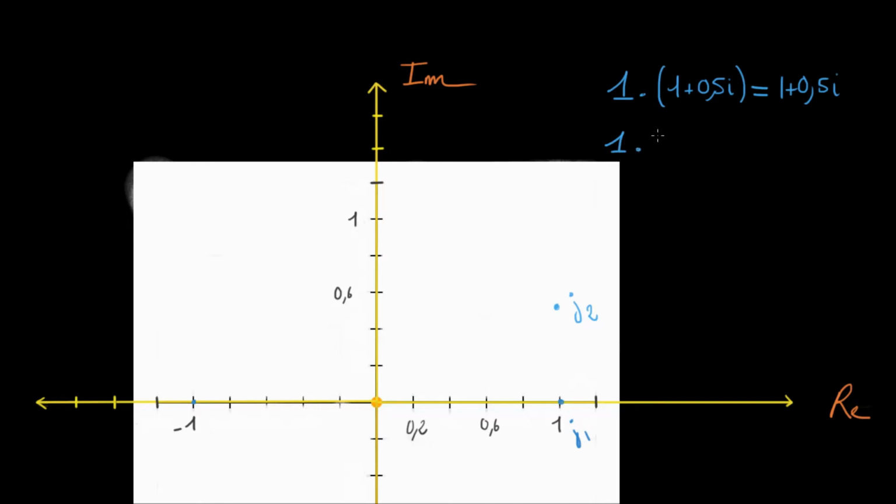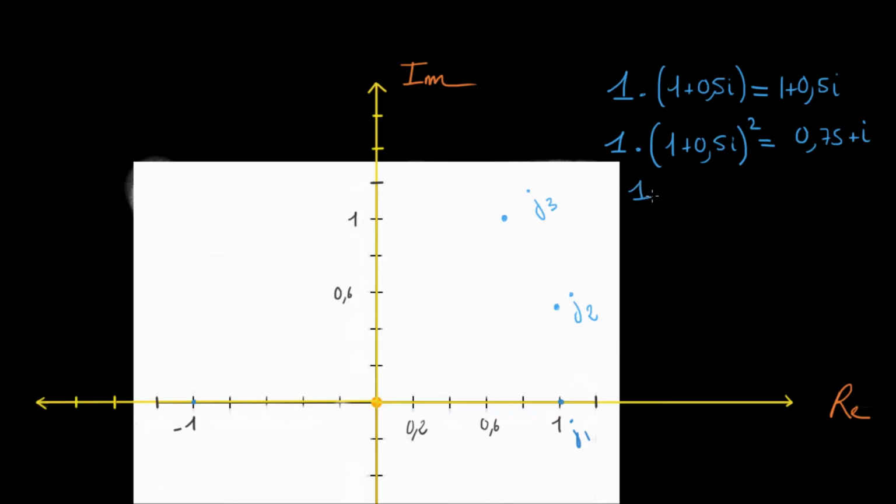So 1 times (1 plus 0.5i) squared. So this will be equal to 0.75 plus i. So now the particle will sit somewhere around here. So this will be J3.